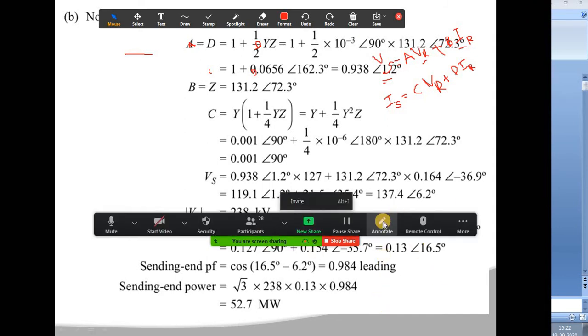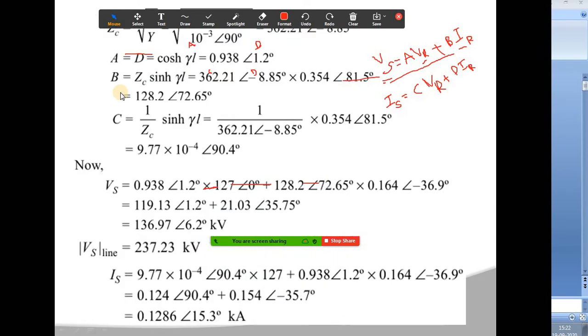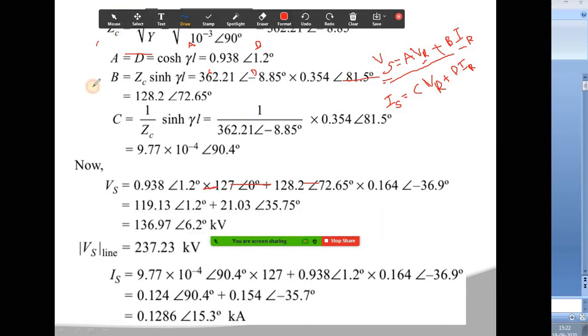Now sending end voltage is given by this equation: A into Vr plus B into IR. A is 0.938 at an angle of 1.2 degrees, and Vr is 127. We calculated the ABCD parameters for the exact transmission line solution.